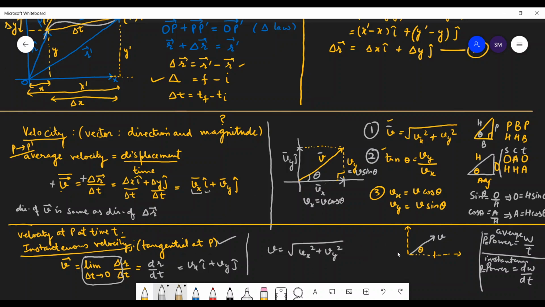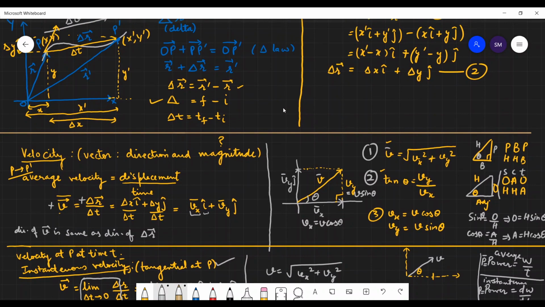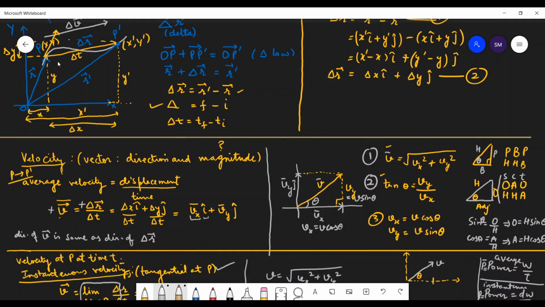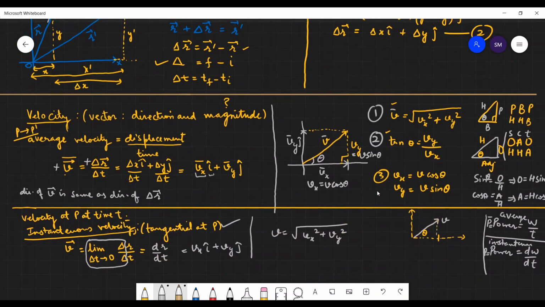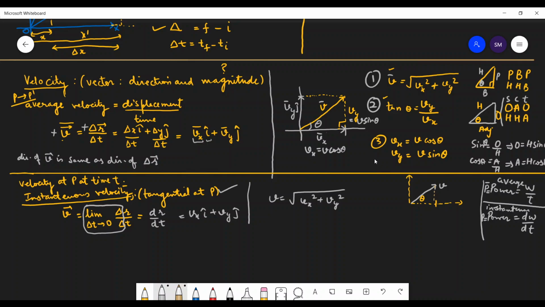Here I have drawn this tangent. So this horizontal component of velocity, you can see here, is adjacent: hypotenuse cos theta, and this is hypotenuse sin theta.